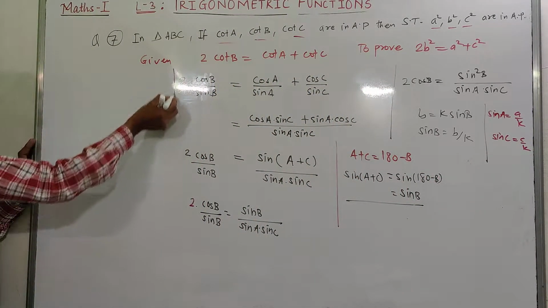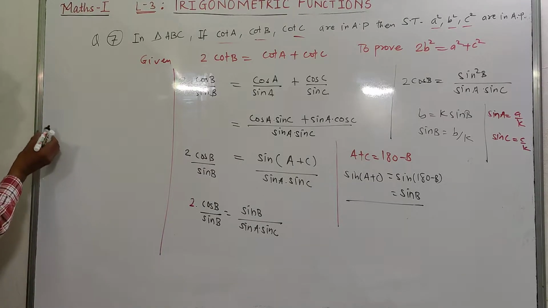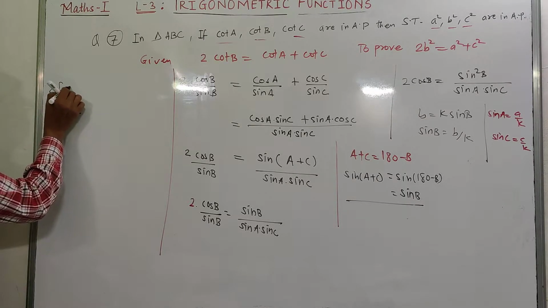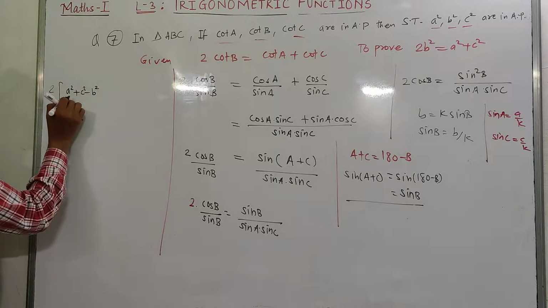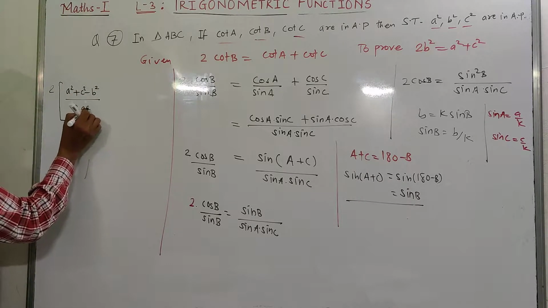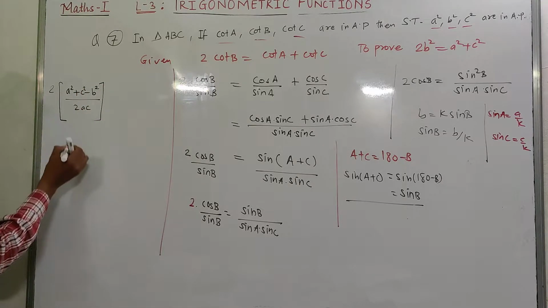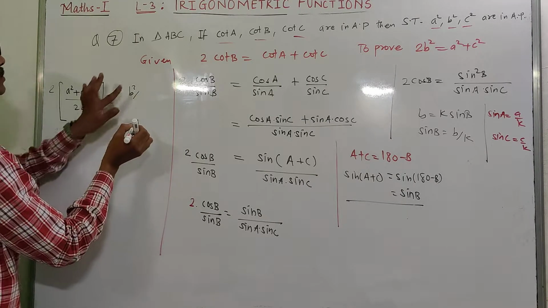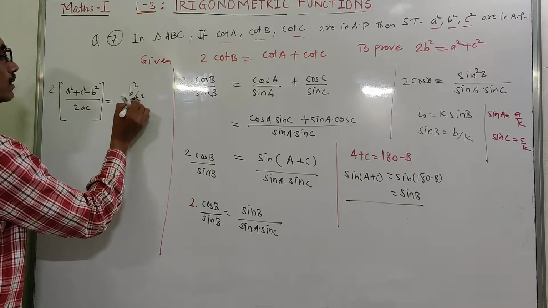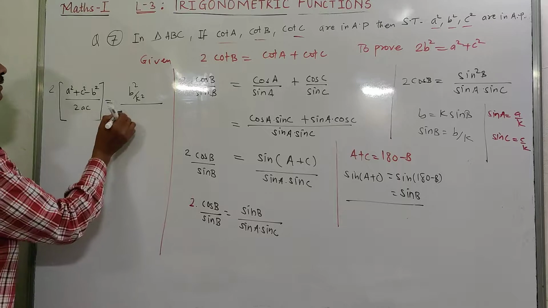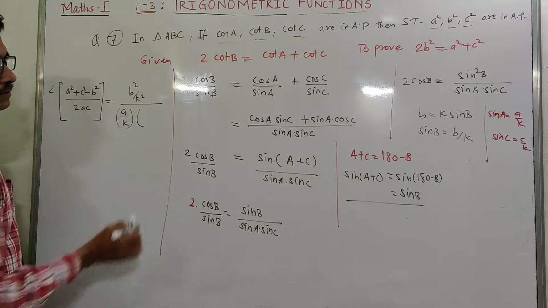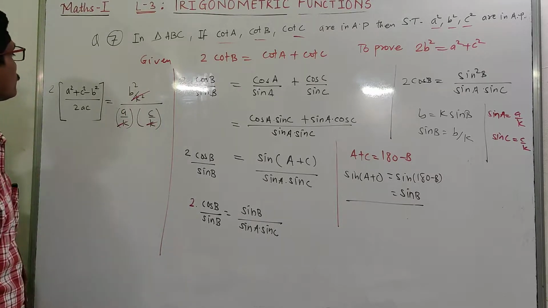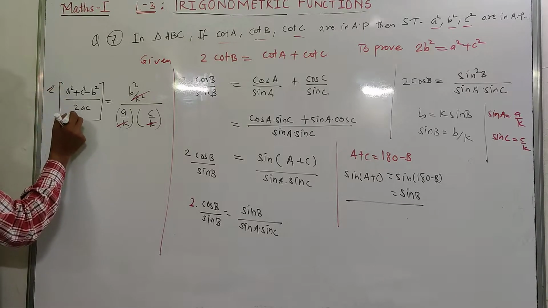So thus what we can write now? 2 times cos B, that is A square plus C square minus B square upon 2AC, is equal to B square upon K square, that is sin square B, upon A upon K and C upon K, so that this K square is getting cancelled, this 2 is getting cancelled.